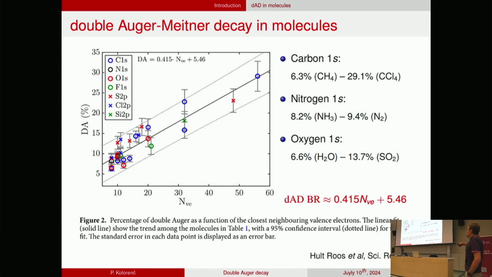And it makes sense because just statistically the number of tricationic channels depends cubically on the number of valence electrons, while those of dicationic channels depend just quadratically. But it's still quite surprising that it holds the same linear dependence for all the core holes here. So that's quite surprising. And speaking of theory, there is essentially none.